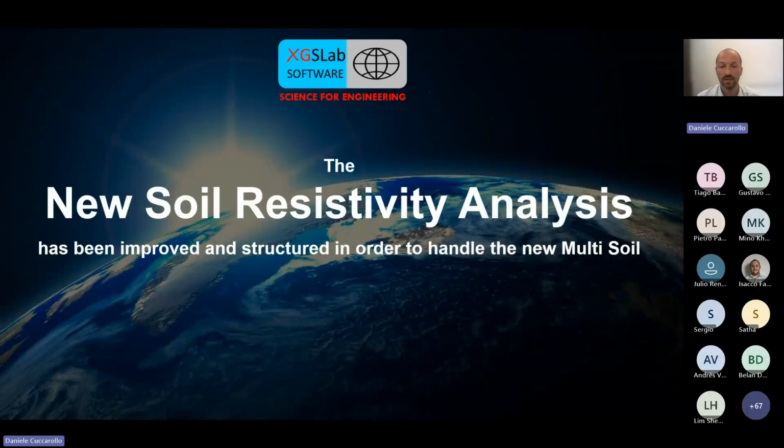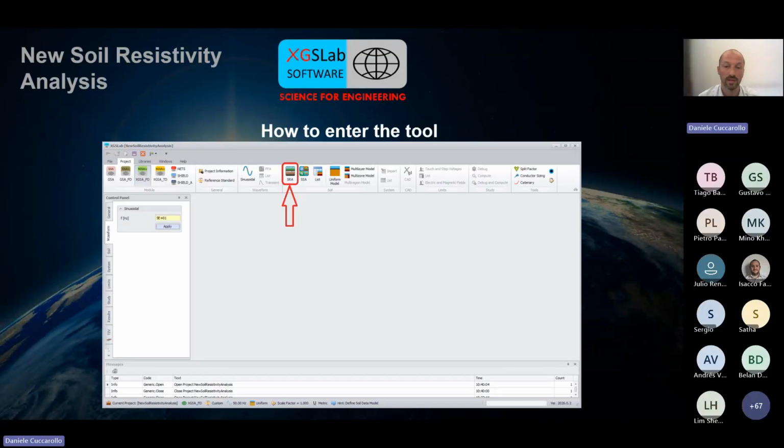After this, the other important new way to handle a part of the software is the new soil resistivity analysis. Basically, this tool that existed also in the past versions has been improved and structured in order to handle the new multi-soil.